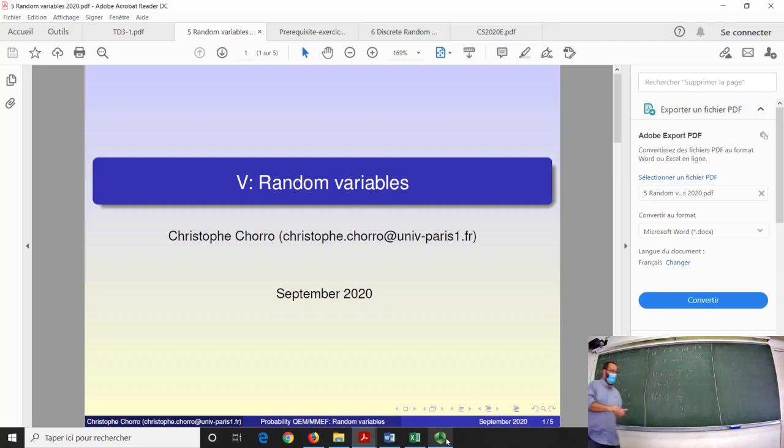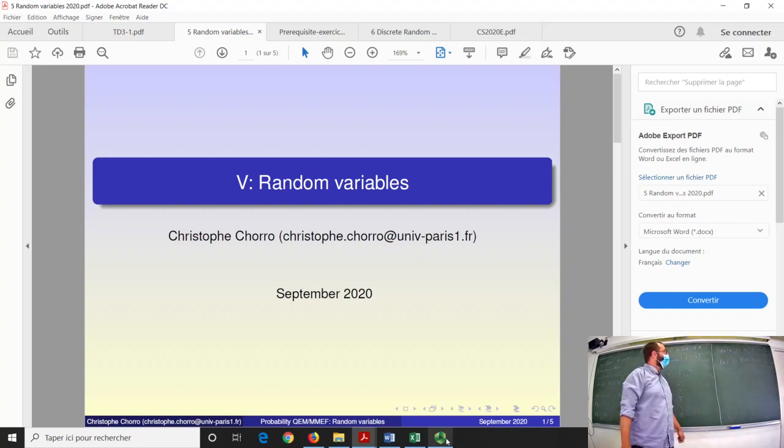So I say the following. Defining, for a new omega, that is omega prime equal to minus 1, 0, 2, P_X of i equal to the probability that X is equal to i.